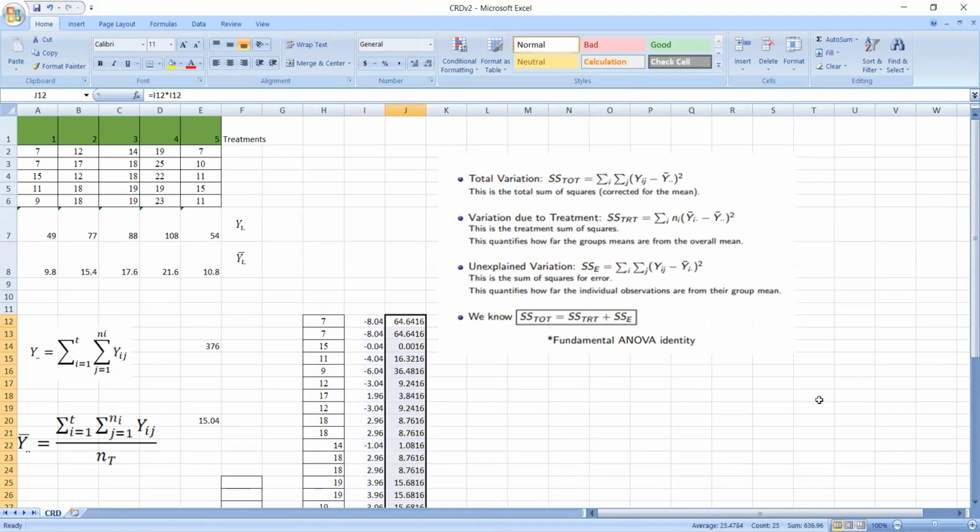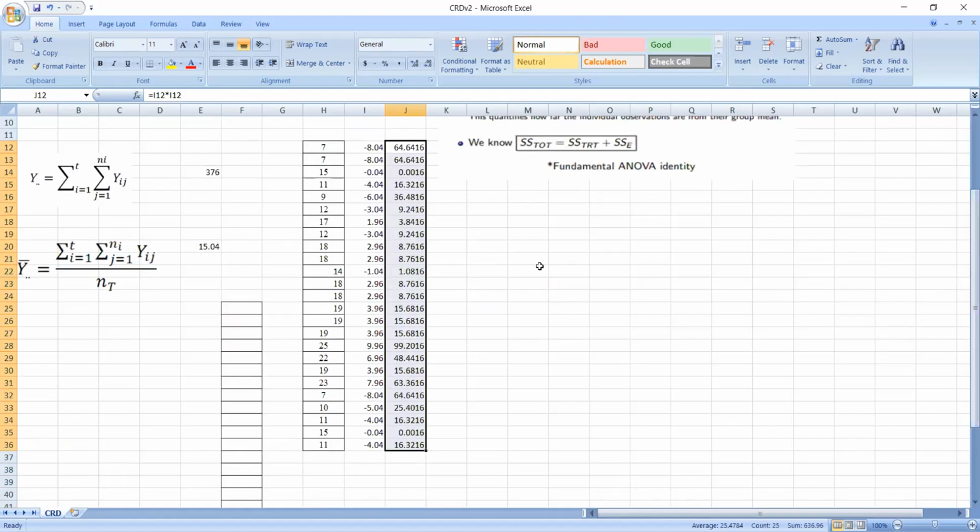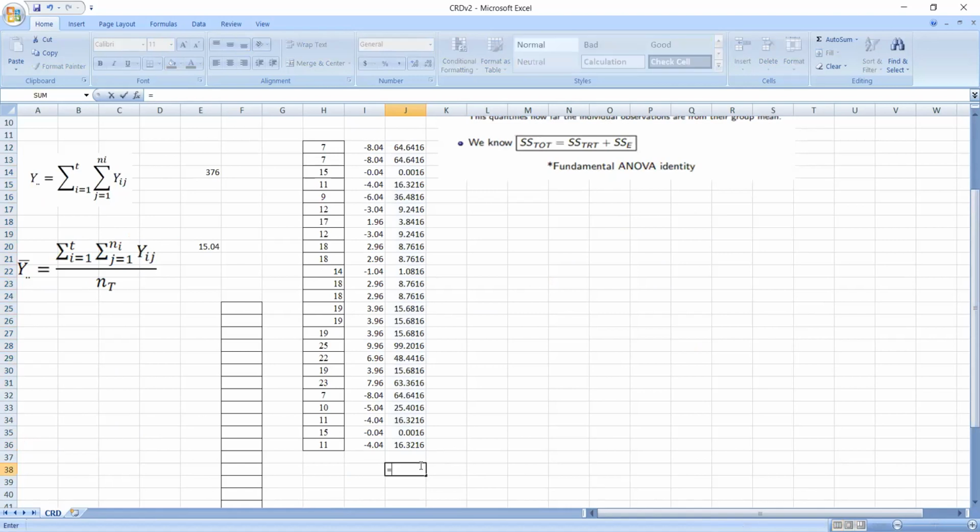Since I'm using Excel, that's easy. When you're doing this in the exam, you have to do this manually for all the observations. And now I'm going to take the summation of these squared values. You can see the summation is 636.97.